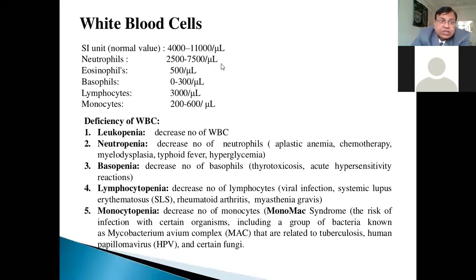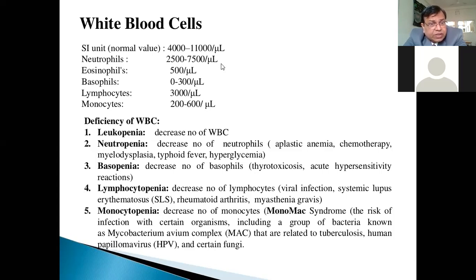Now next are disorders related to white blood cells. The normal value ranges from 4,000 to 11,000 WBC per microliter volume.